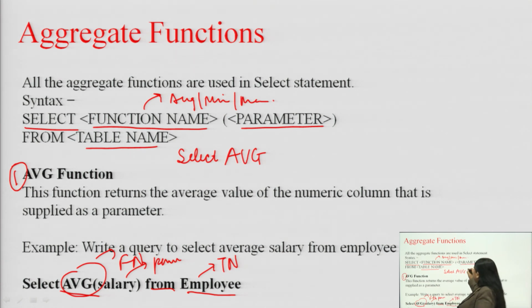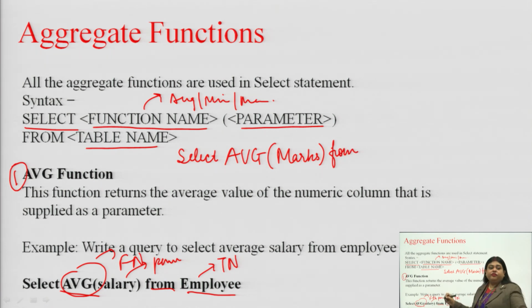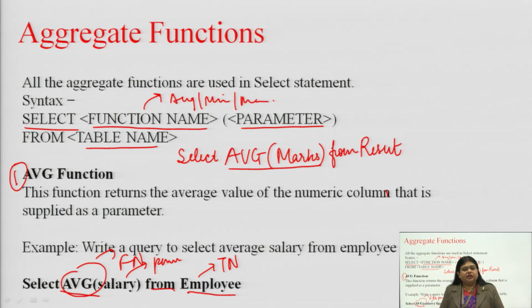So, we can say average on marks from which table? From the result table. So, what we are doing over here? We are trying to find out the average marks from the result table. So, this is how the average function works.